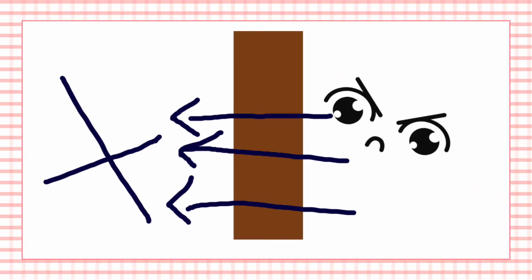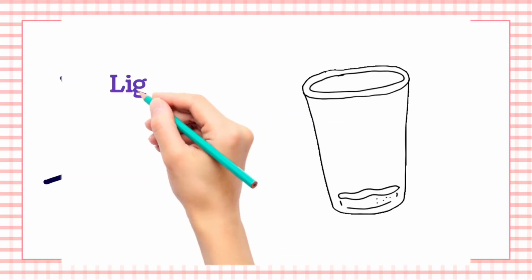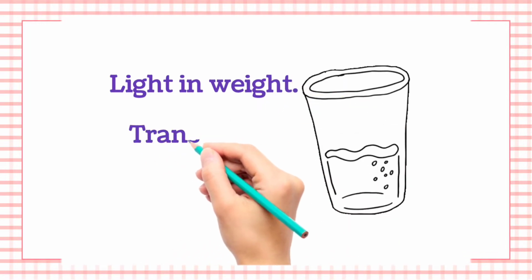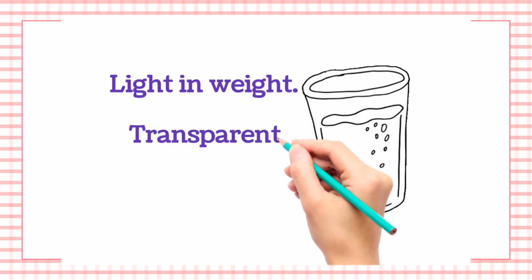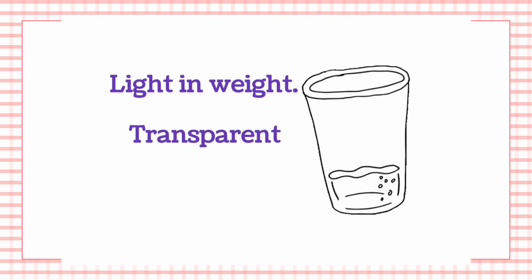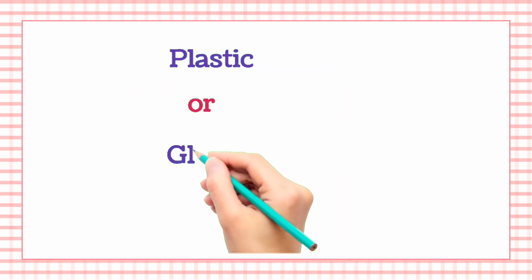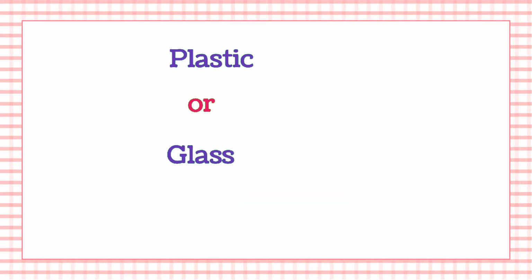We cannot see through gold either, and also it is very expensive. We need a material that is light and, most importantly, transparent. So we choose either plastic or glass, which is transparent and also economical.